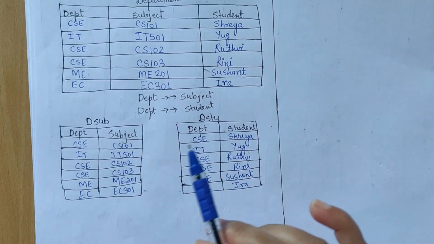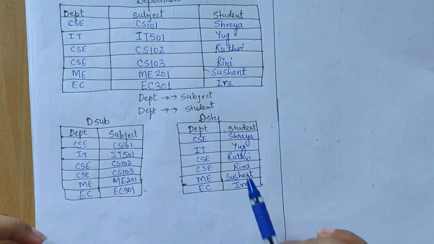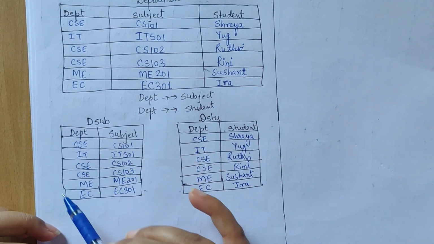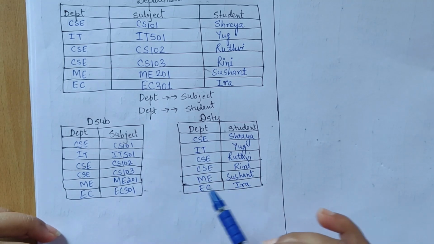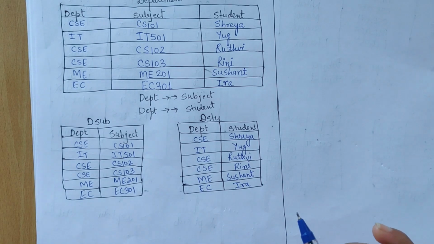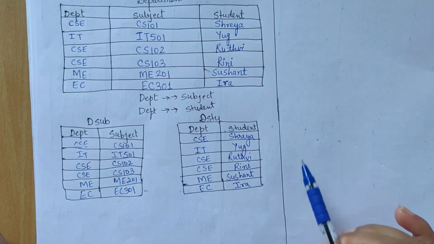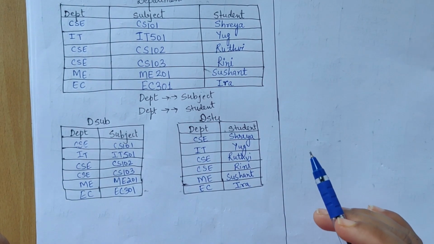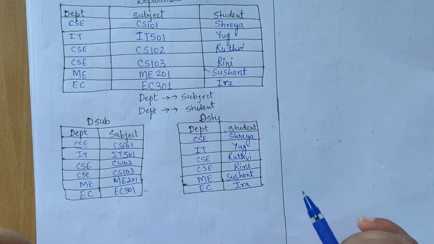Then we will say that this is a good database design. And there is no doubt that these two tables, D subject and D student, are in fourth normal form, because they satisfy all the properties of fourth normal form. So till here there is no problem.